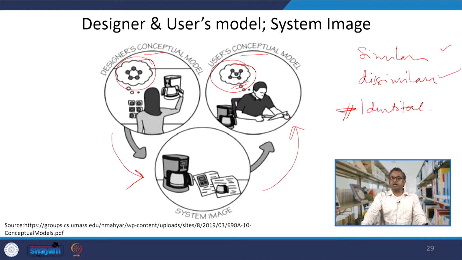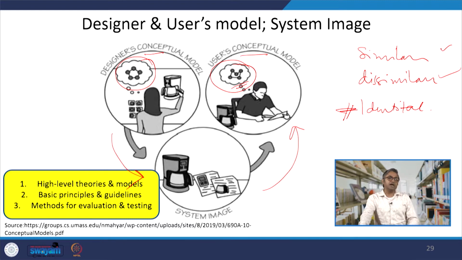If the designer can understand the cognition of the user, or is even aware of the user's needs, then the chances of success are high, performance efficiency will be better, user satisfaction will be there, and the safety criteria will be met as well.